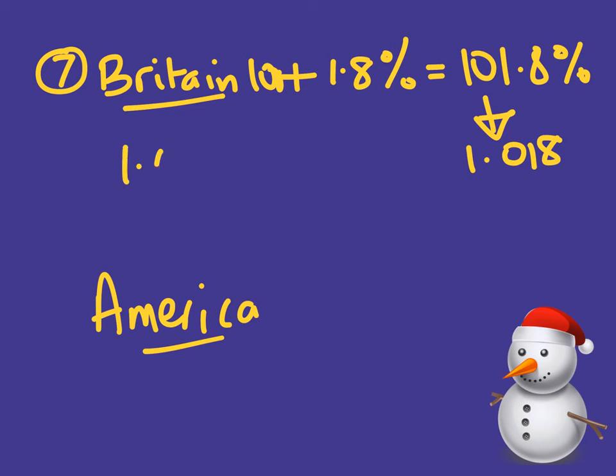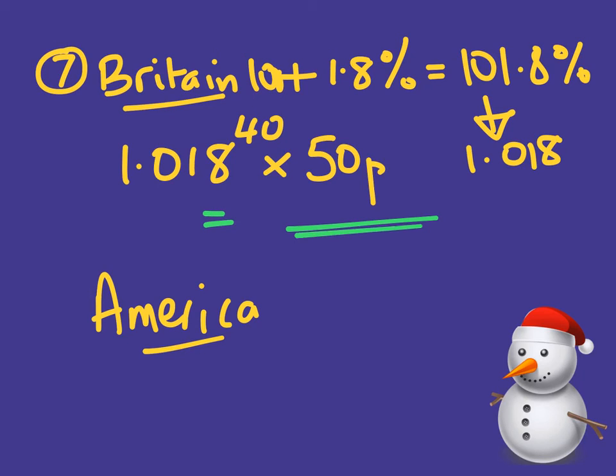And I'm going to do 1.018 to the power, now how many years are we doing it for? We're doing it for 40 years. So to the power 40 times, and then the starting price of milk in Britain is 50 pence. So I can do that calculation and I'll get the price of the milk in Britain.